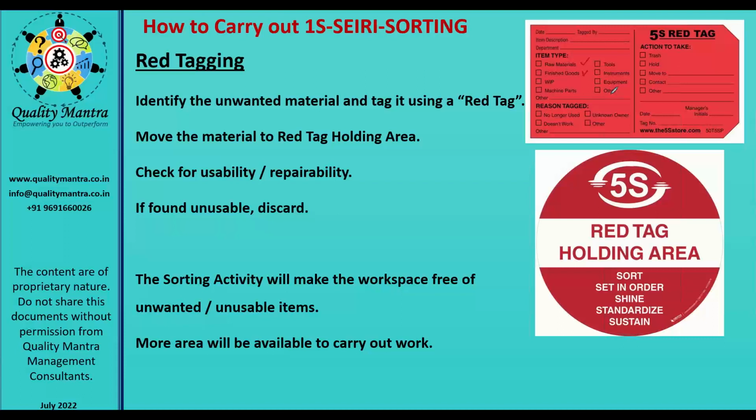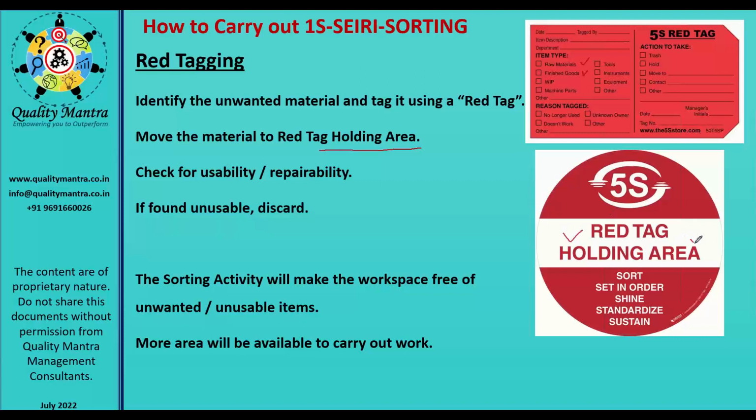Whenever you find any such material in the organization, the red tag holding areas are identified. The area owner where the unwanted material is identified fixes the red tag on it and shifts it to the red tag material holding area.